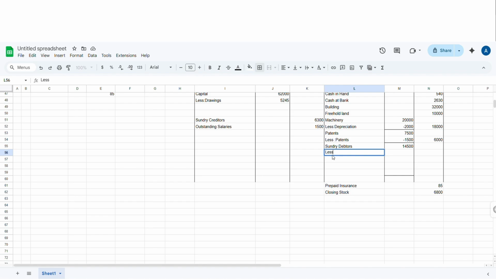So from debtors less future bad debts 725, and it totals to 13,775.